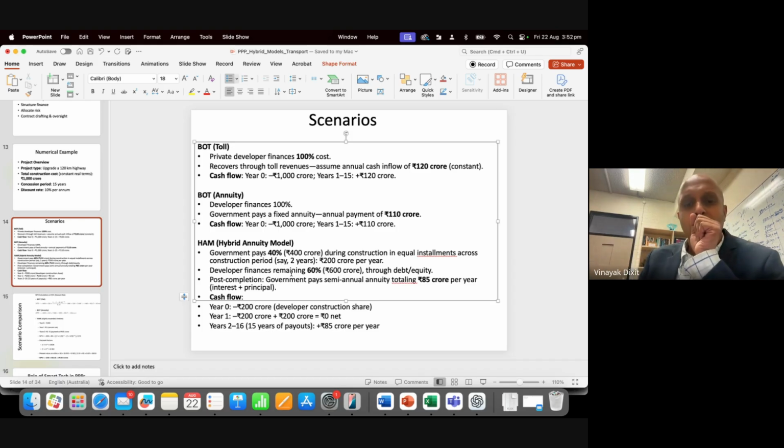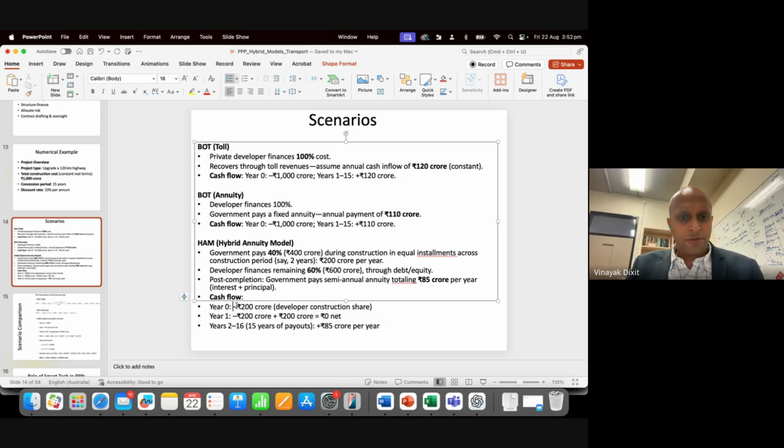It should have been the other way around. What's happening is, I have not accounted for the 600 crores in debt. So I've done 400 crores going in negative and 200 crores coming from the government. Does that make sense? So I have made an error here. Or have I? I'm just looking at it.